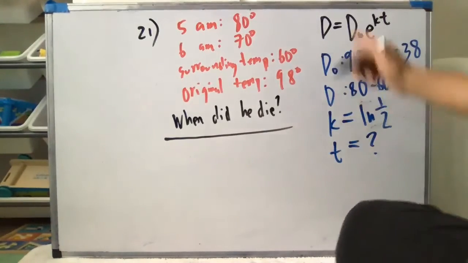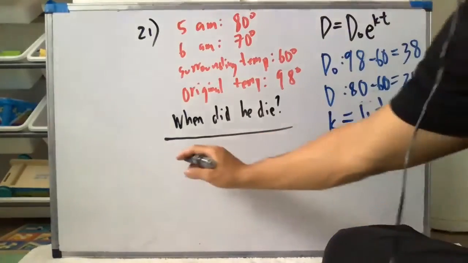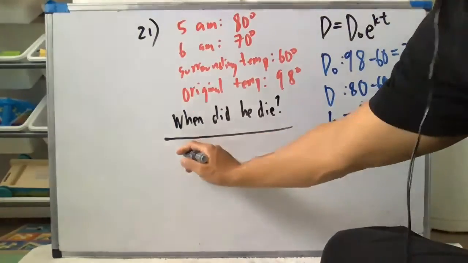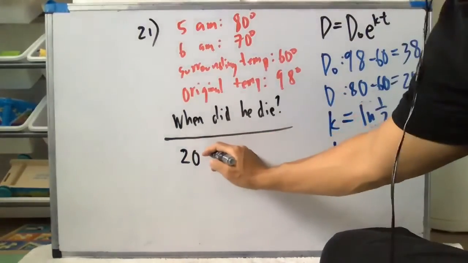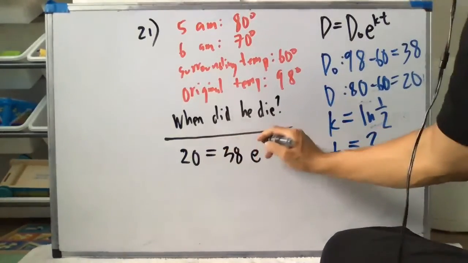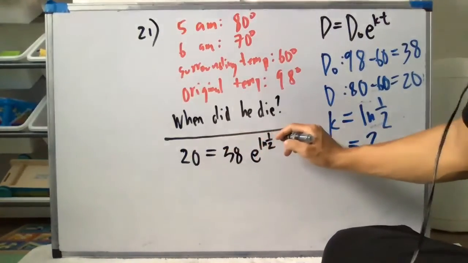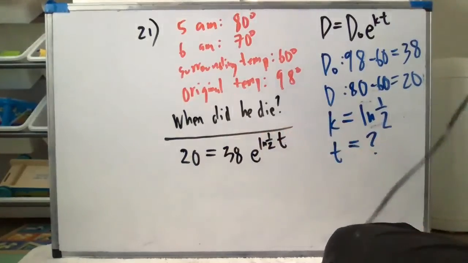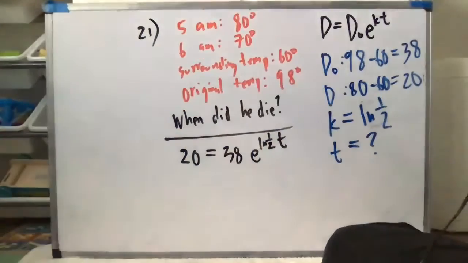Okay, so we have all our information. Let's just plug into the equation now, and let's do it over here in black. So d is equal to 20, and d naught is equal to 38. It's e to the ln of a half times t, right? Okay.